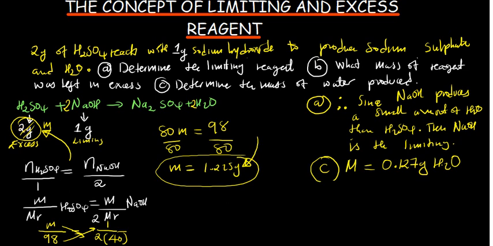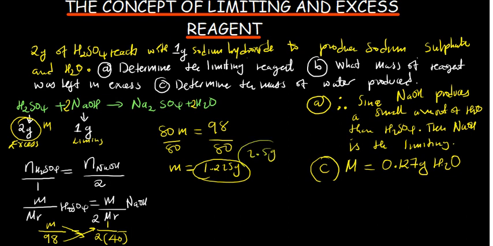Do you get that? If this mass, let's say, was big, let's say it was 2.5 grams. 2.5 is bigger than 2, meaning that the mass that is available is less than the mass that is going to react. Therefore, this would have been a limiting reagent.